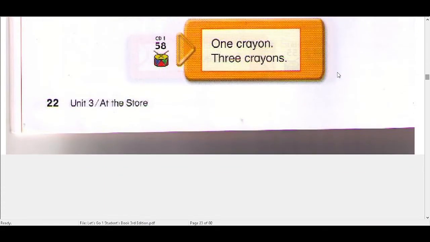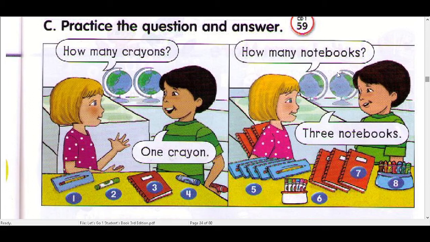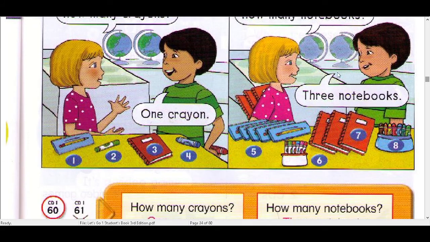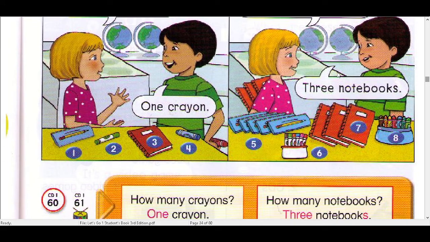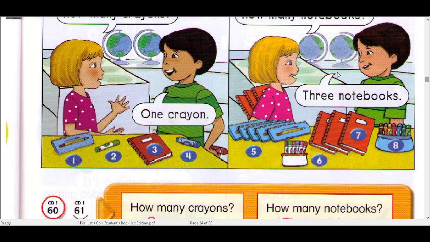Track 59. C. Practice the question and answer. How many crayons? 1 crayon. How many notebooks? 3 notebooks. Number 1. How many pencil cases? 1 pencil case. Number 2. How many markers? 1 marker. Number 3. How many notebooks? 1 notebook.